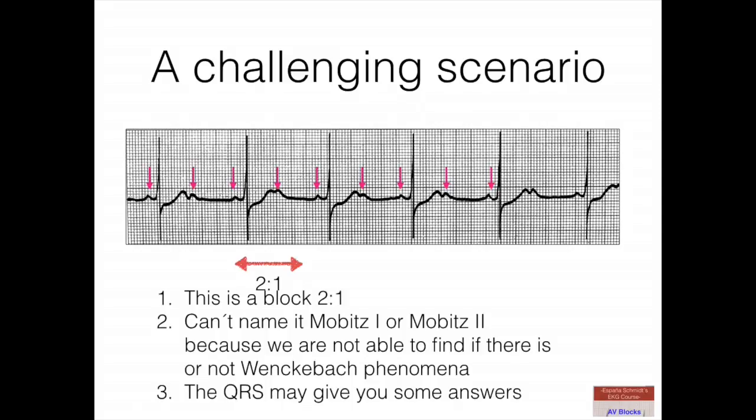We can't name it Mobitz 1 or Mobitz 2 because we are not able to find if there is Wenckebach phenomenon or not. The QRS, however, may give you some answers. If the QRS is wide, this is most likely an infra-Hissian block and is more ominous. If the QRS is normal, then it's most likely a through AV block.